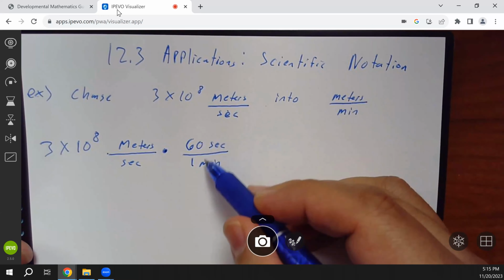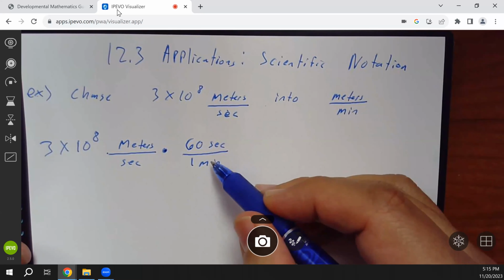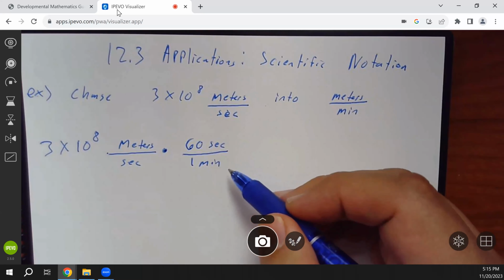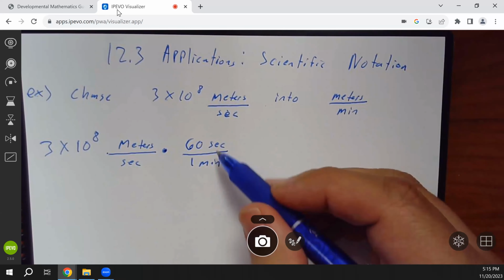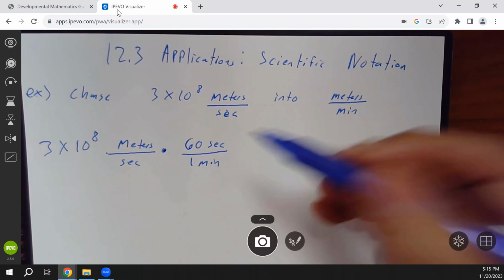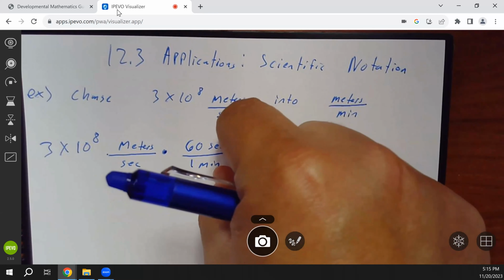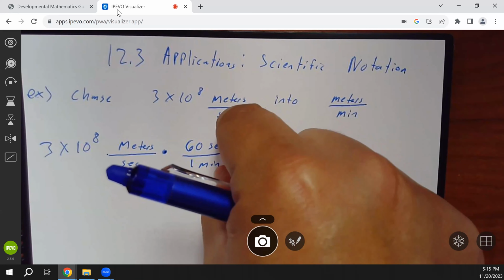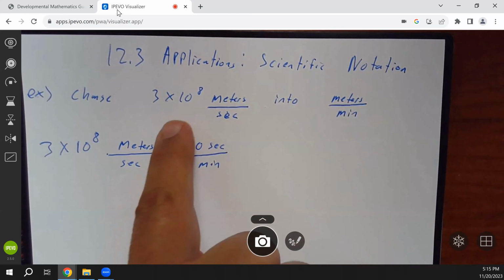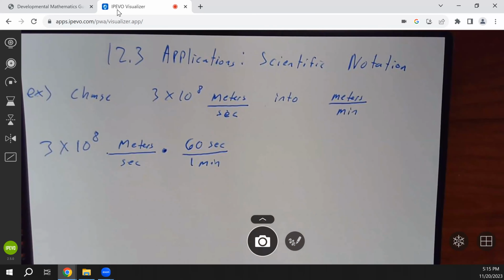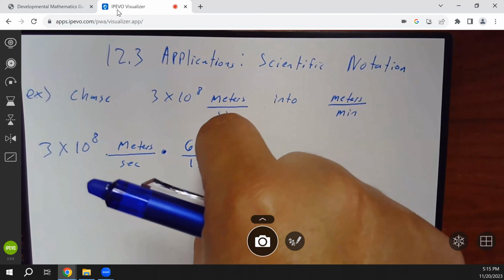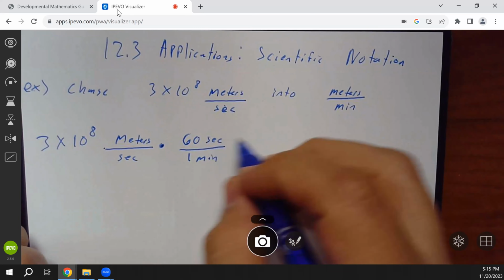This fraction that we made is equal to 1 because we have 60 seconds divided by 1 minute. That is the same thing. This is a form of 1. We call these forms of 1 conversion factors. We're going to convert meters per second into this. If I had gallons per ounces or whatever, you would use this as a conversion. So multiply it.